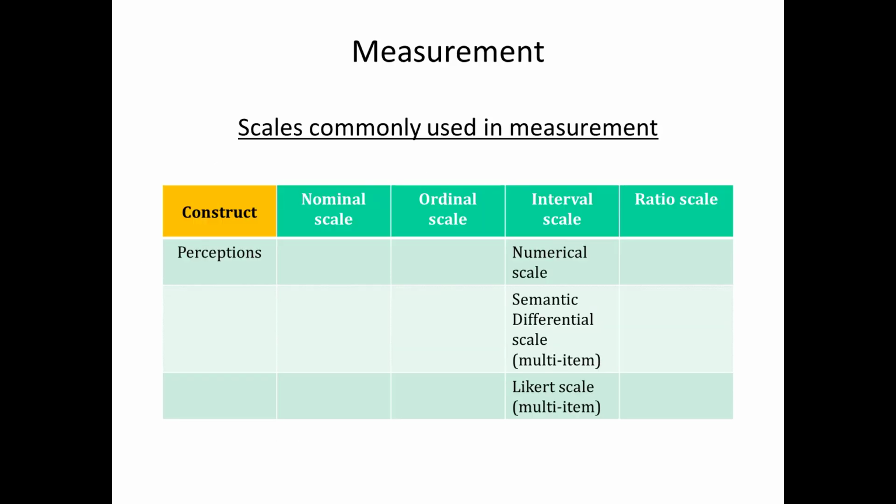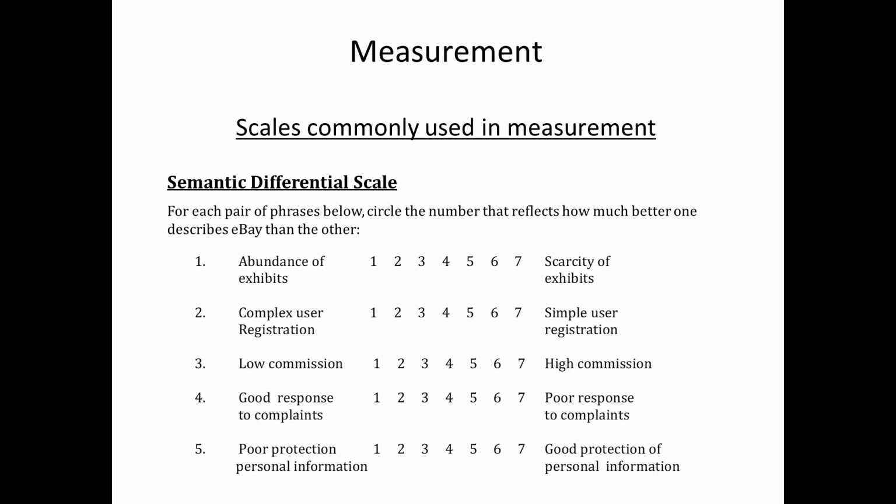To measure perceptions, we use mainly interval scales, including some that we have seen examples of. The most commonly used one is called a semantic differential scale, which we will look at briefly. The semantic differential consists of a series of opposite words or phrases. Respondents are asked to circle a number for each item that best reflects their impression of the product or service.